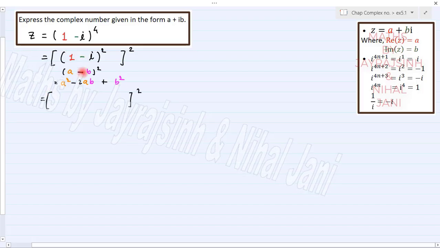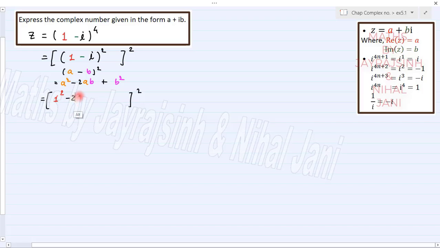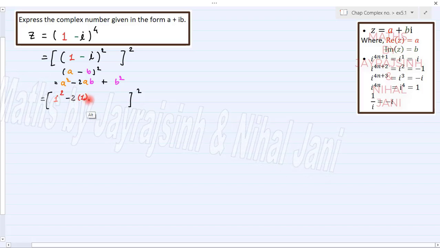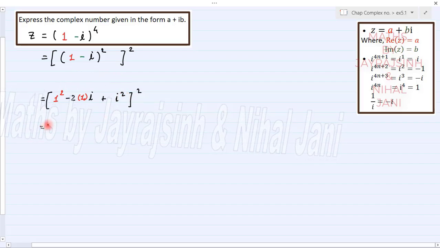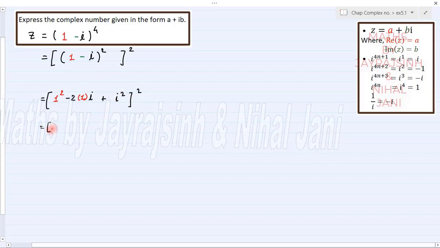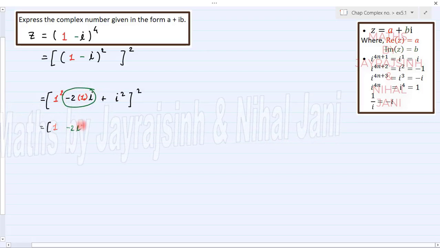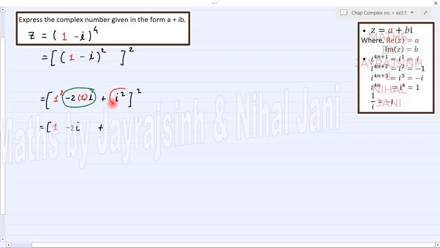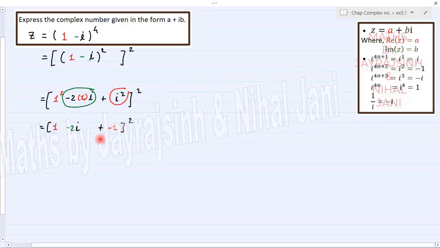So we can open the inner bracket by 1 square minus 2 times 1 into i plus i square. In further simplification, we can say 1 square is 1, the second term will be minus 2i, and we know the value of i square, which is minus 1, the whole square.